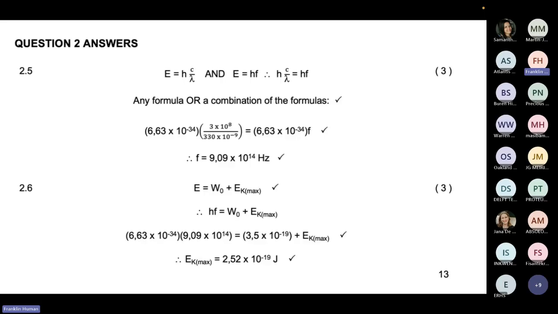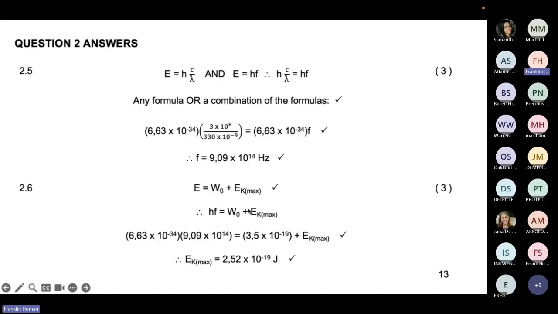We know that once the energy is absorbed from the photon and we've satisfied that minimum energy, the threshold frequency, some energy will be left. That energy will go into giving kinetic energy to that electron, which is the EK max part.